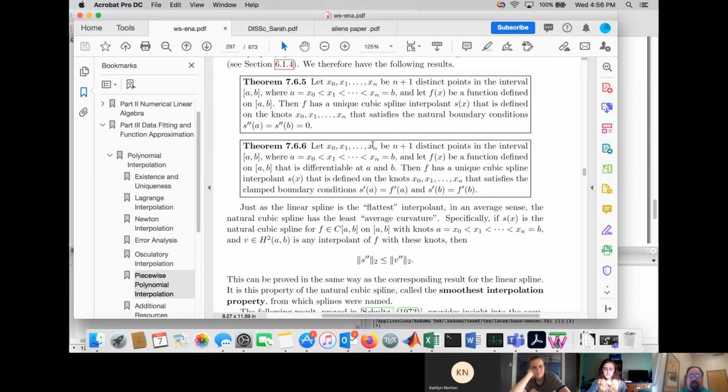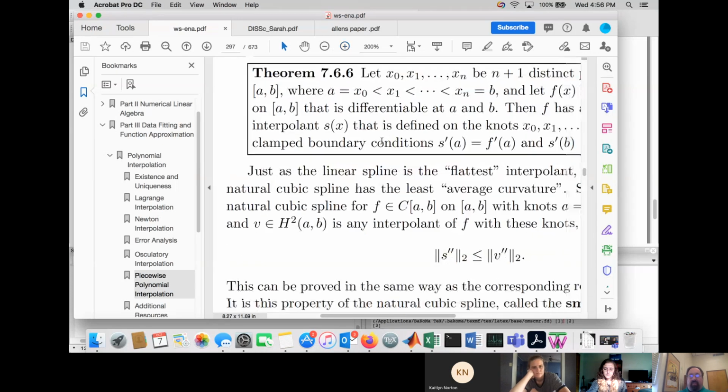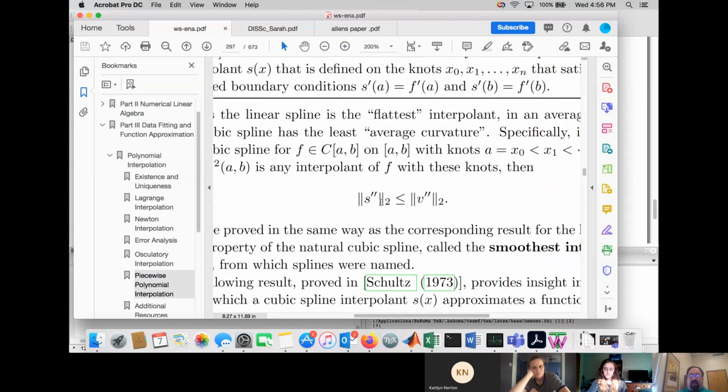Okay. Some properties of cubic splines. Now, a cubic spline satisfies this condition, that its second derivative is smaller in magnitude than any other function that has 2 derivatives and also fits the same data.